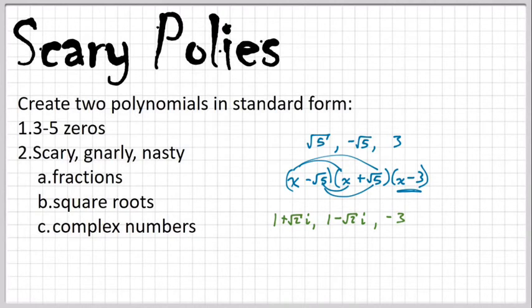So if I wanted to find my polynomial that had these in there, actually I'm also going to put in a +3. Yeah, that'll be fun. Okay, so we have x minus 1 plus square root of 2i times x minus 1 minus square root of 2i.